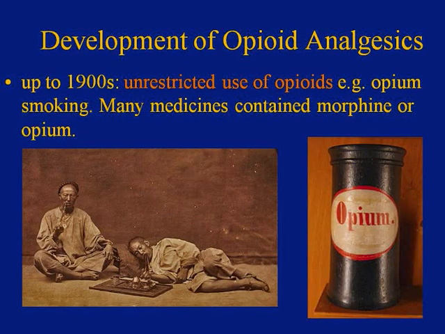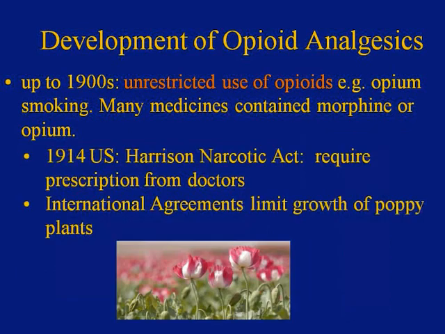Up to the 1900s, opium was used everywhere. You could eat it, you could smoke it, you could put it in various medicines. It was only in 1914 that the Narcotics Act was passed in the US that prevents widespread use of opium. You need a prescription from doctors. And now there are international agreements to limit the growth of poppy plants, and that's why you don't grow poppy plants in your garden.